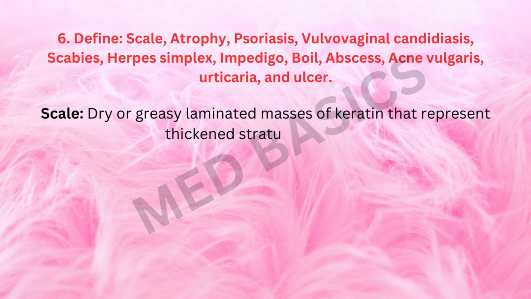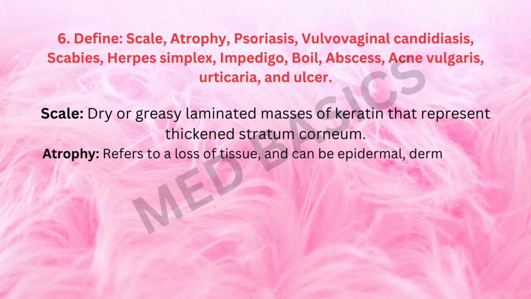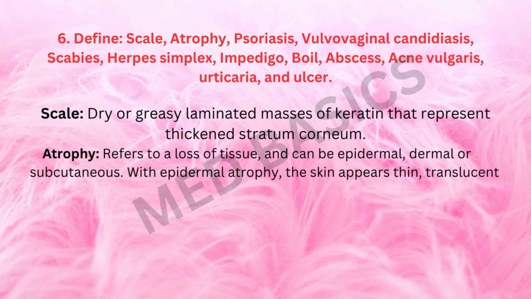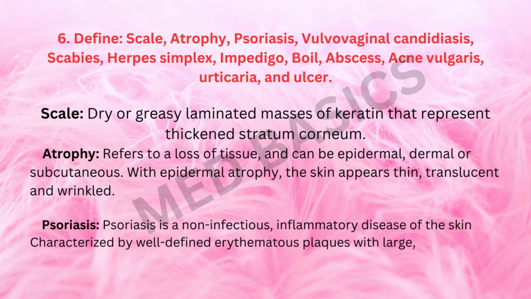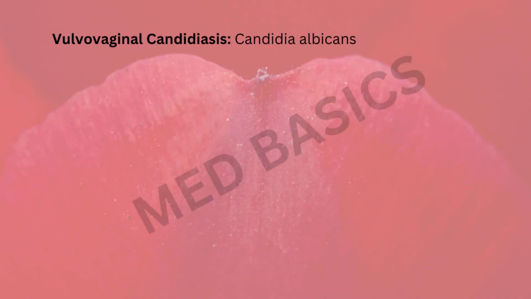Boil, also called a furuncle, is a deep folliculitis, an infection of the hair follicle. It is most commonly caused by infection by the bacterium Staphylococcus aureus, resulting in a painful swollen area on the skin caused by an accumulation of pus and dead tissue. Abscess. An abscess is a localized collection of pus in a cavity lined by pyogenic membrane.